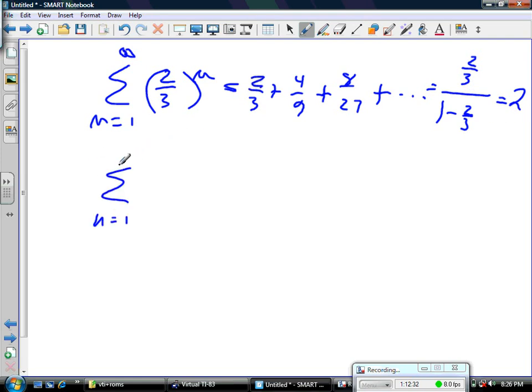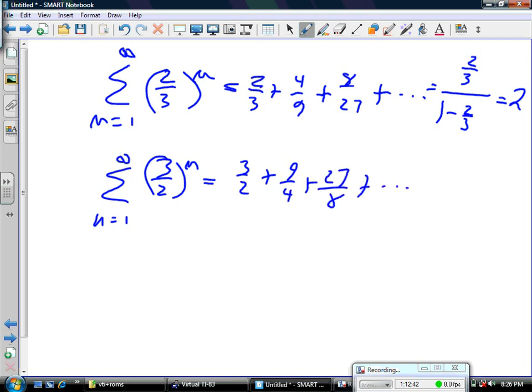How about this one? It's a geometric. Yeah, A is 3/2. Yeah, R is 3/2 too. Does it converge?